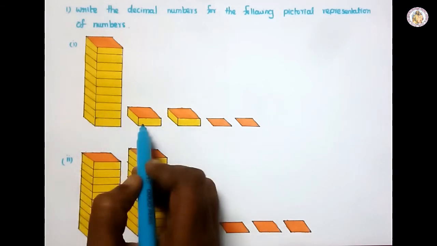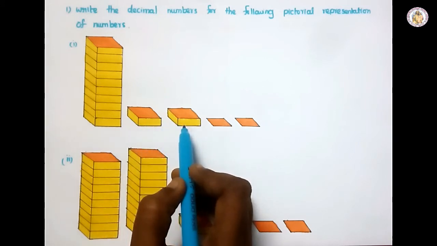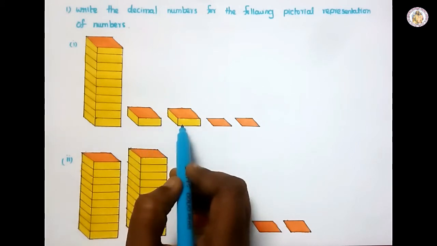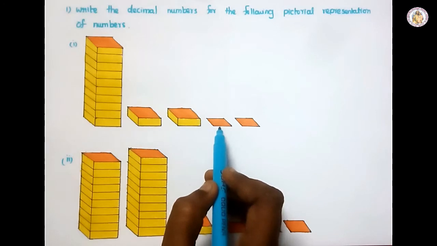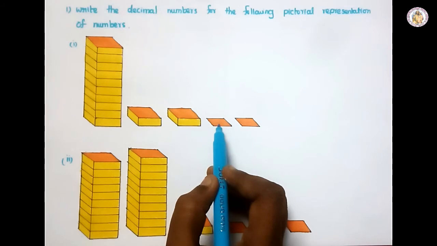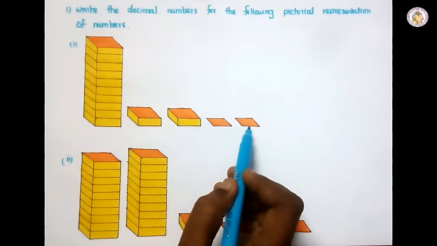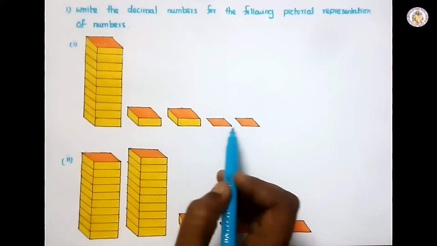So 10 plus 1 is 11, 11 plus 1 is 12. So 12 ones are there. And here 1/10, so out of 10, 1 is there. So 1/10. Here another 1/10. So 2 tenths are there.